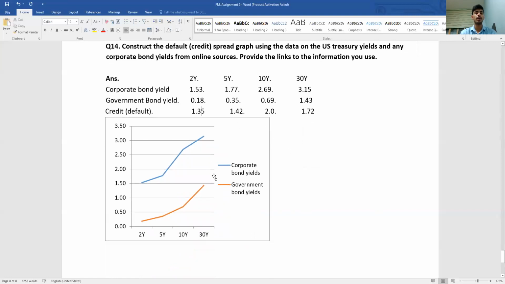After that, I made the graph on the basis of this data in an Excel sheet. See, the government bond yield is lower than the corporate bond yield. This is the difference between the two curves. It goes positive, and the government yield is lower than the corporate bond yield.